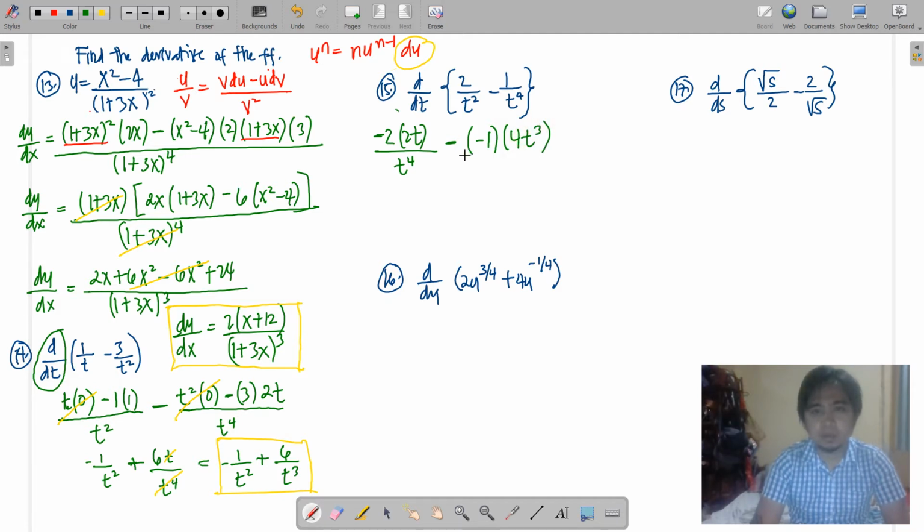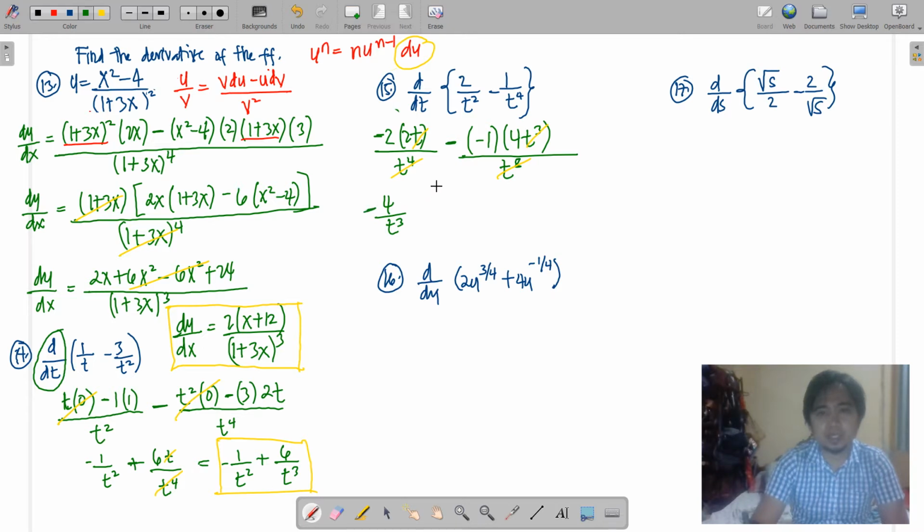Okay. And then this is t raised to 8, or 4 raised to 2 is 8 actually. So if we simplify this, one t is removed there, and the three t's on top are removed. So what happens next is, this is 4 all over t cubed.